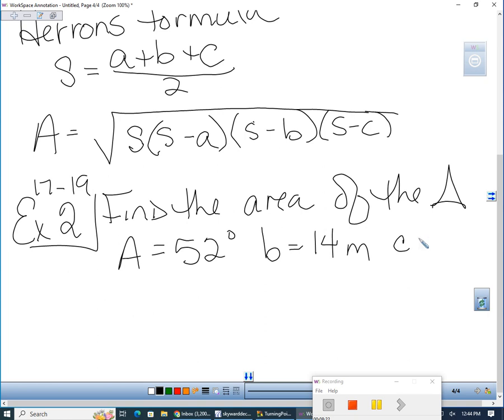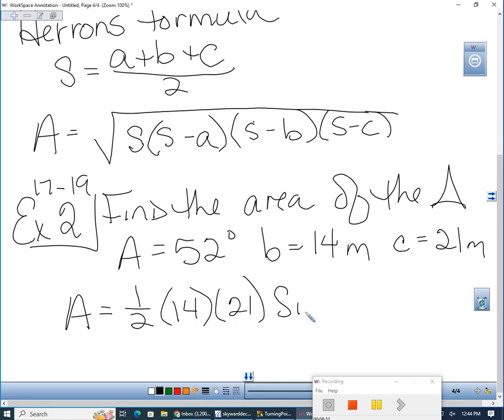And side C equals 21 meters. So this is going to go back to the first formulas I gave you for the area of a triangle. So area equals 1/2 times B times C. So my B is 14, my C is 21. And then we do the sine of 52.